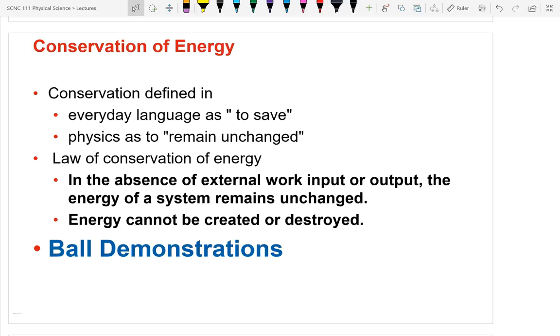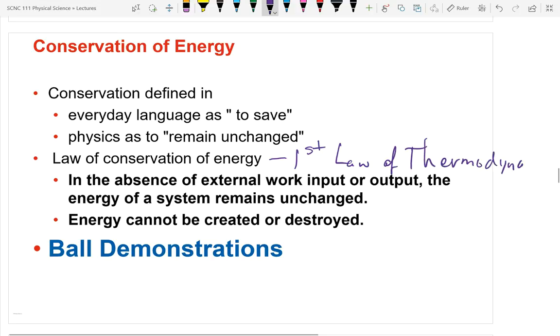So this law of conservation of energy is actually the first law of thermodynamics. The first law of thermodynamics says that you cannot create or destroy energy. You can only transform it from one type to another.